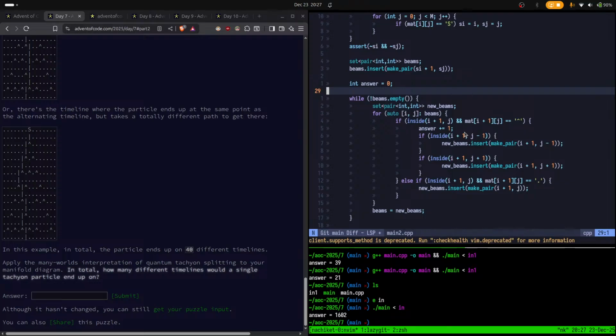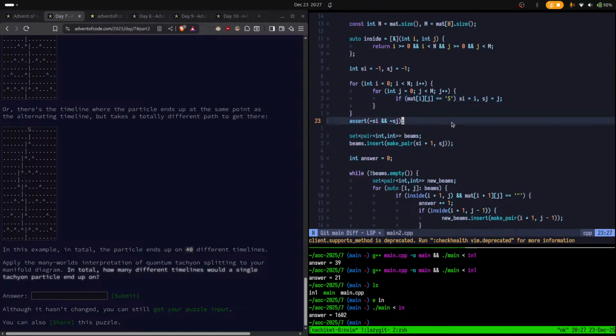Some are missing here. I used a set to understand where the beams are present, but that is also not required.